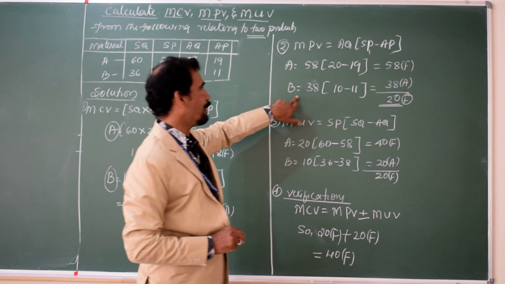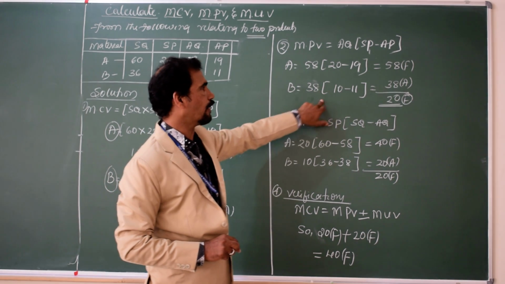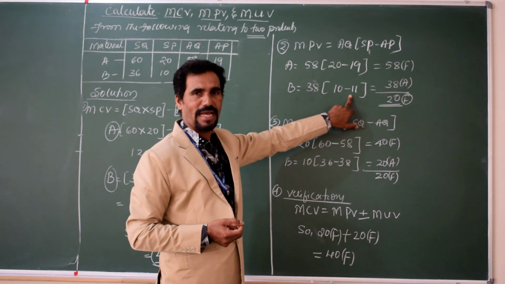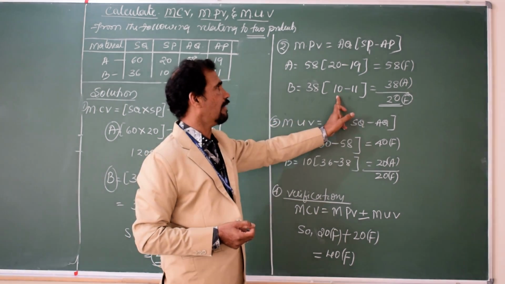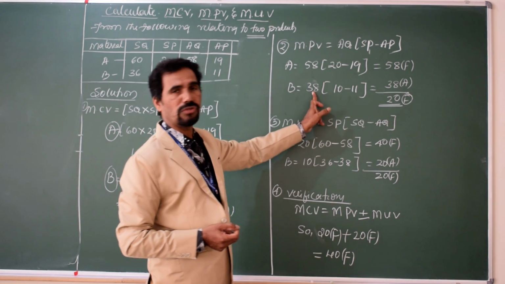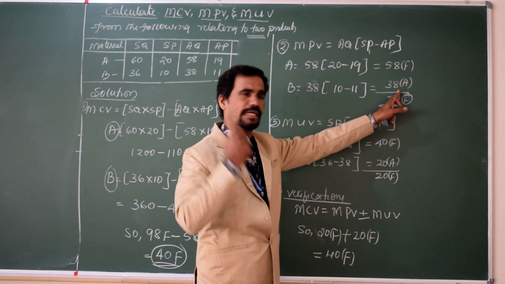Come to B. Actual quantity 38 into standard price 10 rupees minus actual price 11 rupees. 10 minus 11 is 1 rupee, into 38, so 38 rupees only.